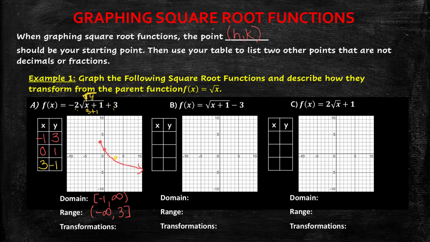And then what are the transformations? Well, first off, with the negative out front, that's going to make it reflect over the x-axis. And then the 2 is going to make it vertically stretch.